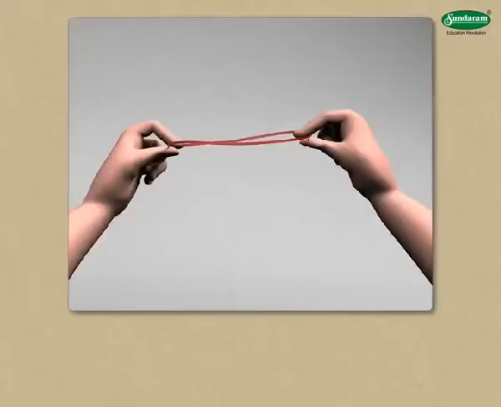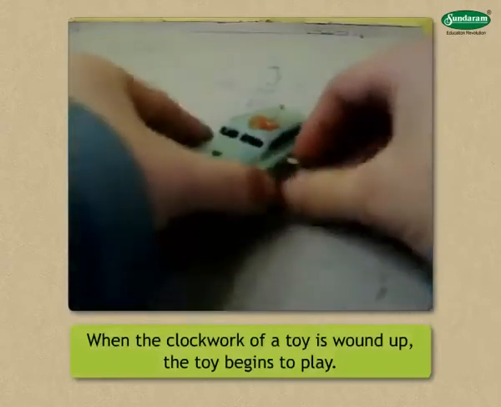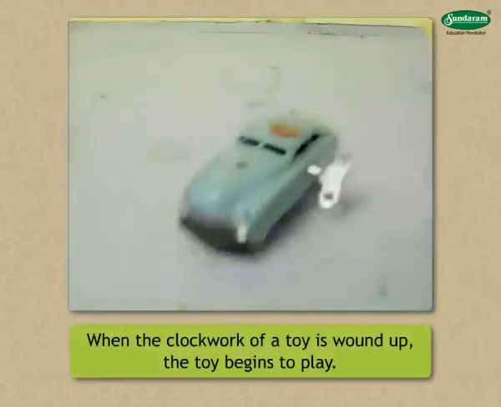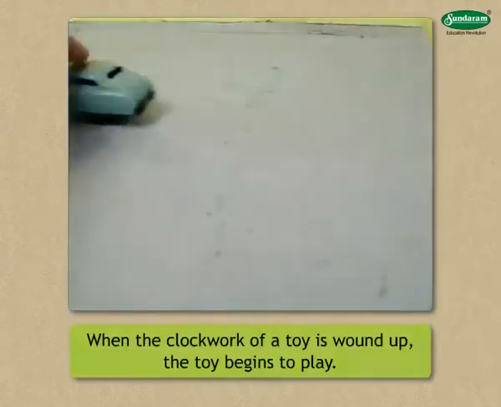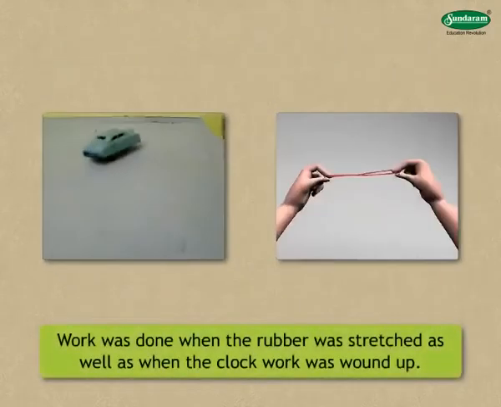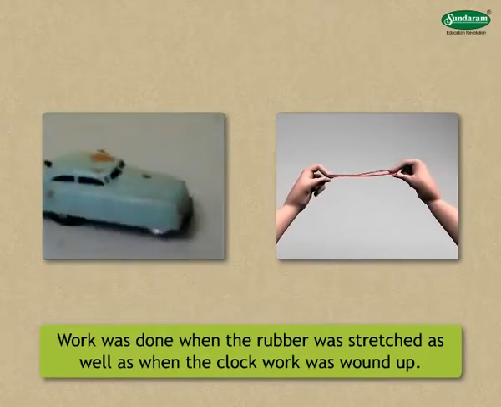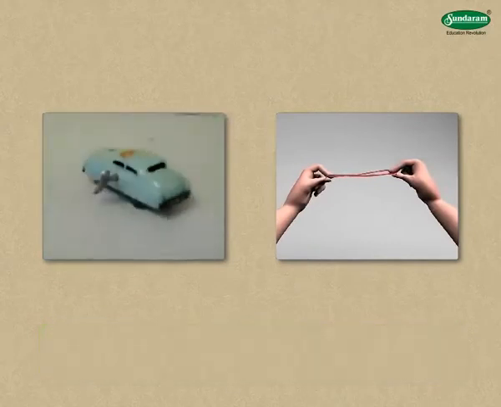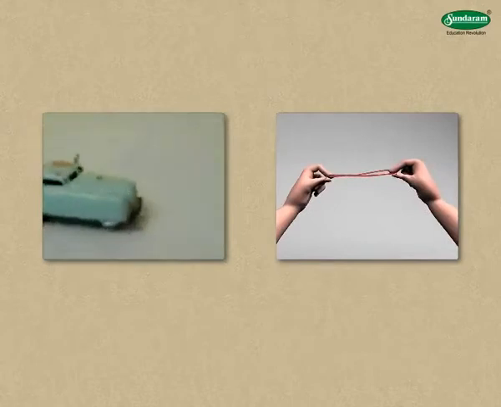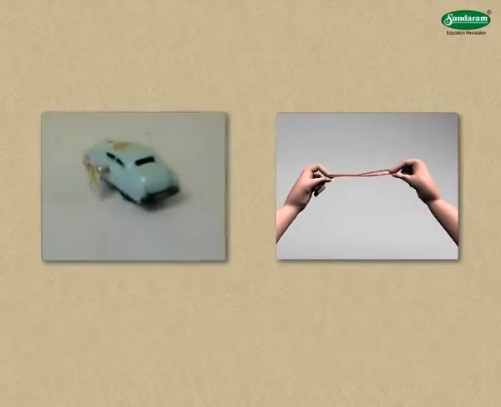When you stretch a piece of rubber and let it go, displacement takes place. When the clockwork of a toy is wound up, the toy begins to play. Work was done when the rubber was stretched, as well as when the clockwork was wound up. Force was applied to stretch the piece of rubber and to turn the key of the toy.